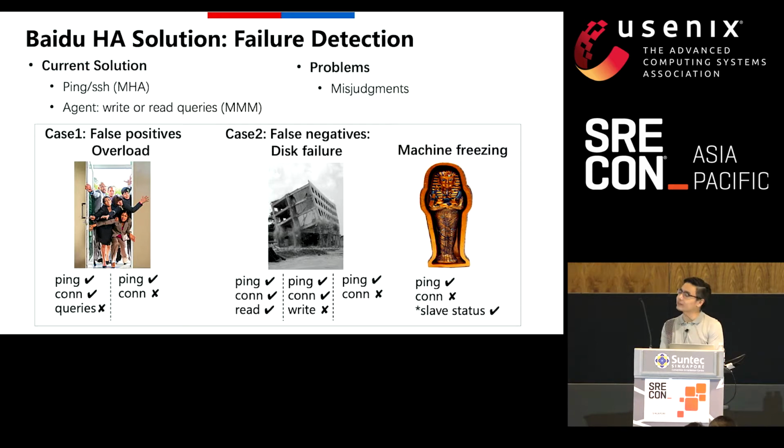As we previously mentioned, most current solutions detect master failure just by pinging the master's listening port or sending queries. There will be some misjudgments. We can analyze the following cases. Case one, the overload.